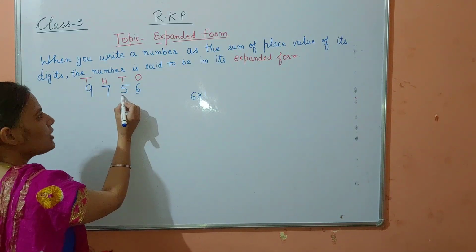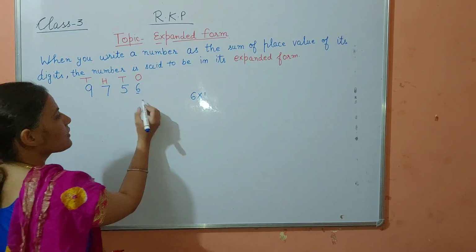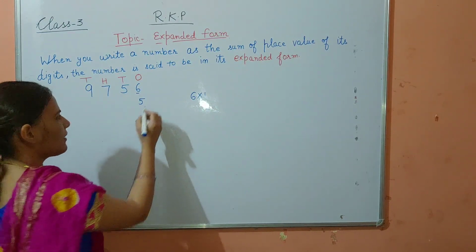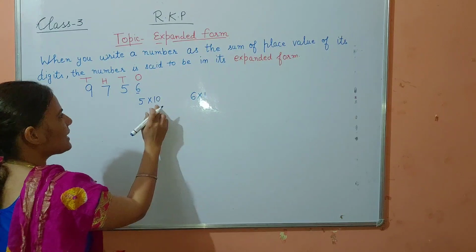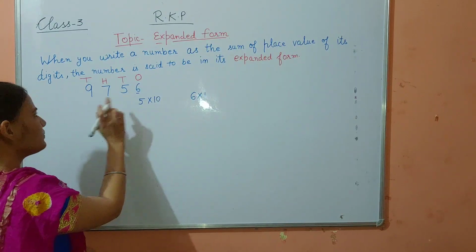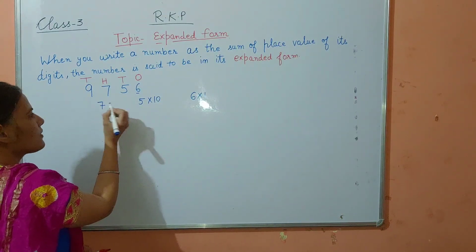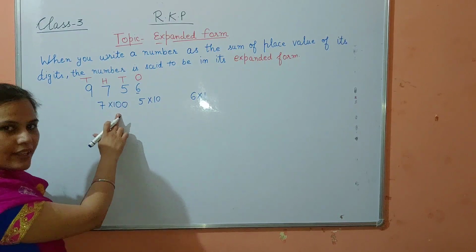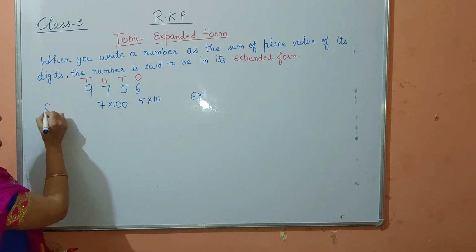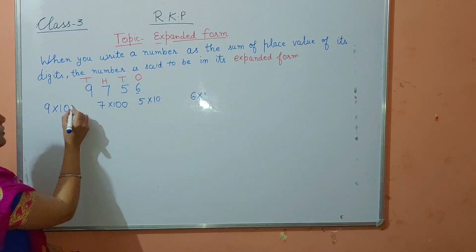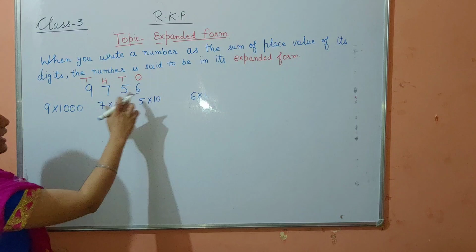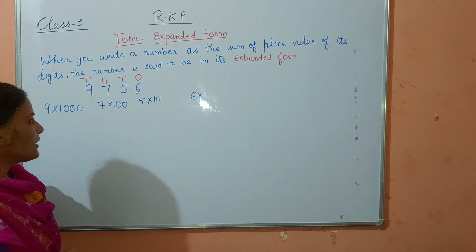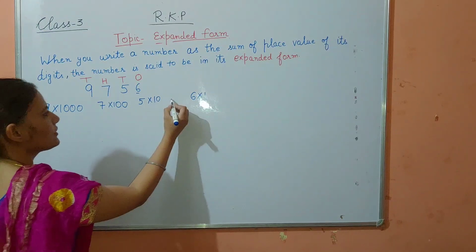Now the place value of 5: digit 5 multiplied with 10, because 10 is its place. 7 is multiplied with 100 because it is at the hundreds place. Now multiply 9 with 1000. These are the place values of each digit. I write them here. Now add them.